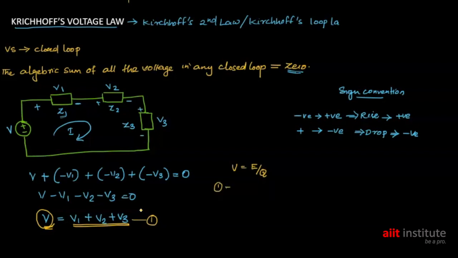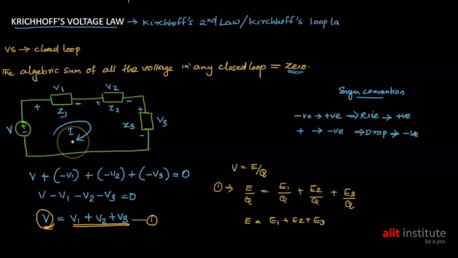Equation number 1 becomes E by Q equal to E1 by Q plus E2 by Q plus E3 by Q. So it will become E equal to E1 plus E2 plus E3.